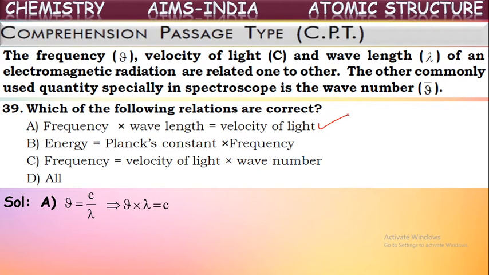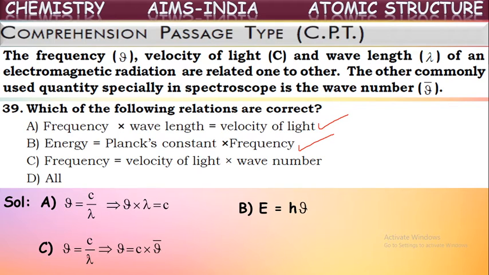Next one. Energy is equal to Planck's constant into frequency. Yes, it is a direct equation we can say. According to Planck's equation, E is equal to h nu. They have given it directly. So that is also a correct statement. See the third one. Frequency is equal to velocity of light into wave number. Let us see the derivation. We have nu is equal to c by lambda, isn't it?